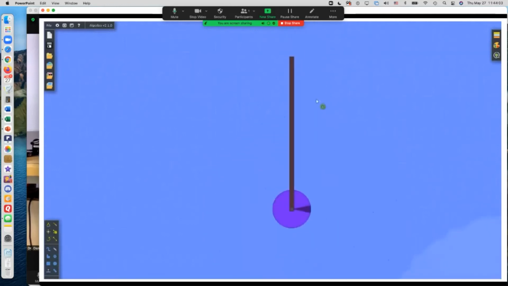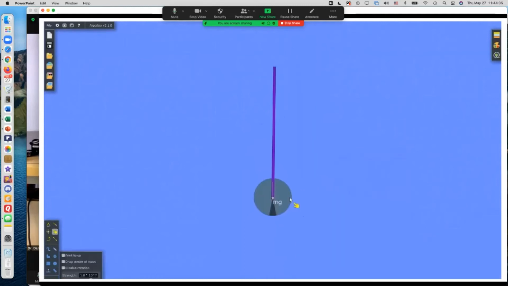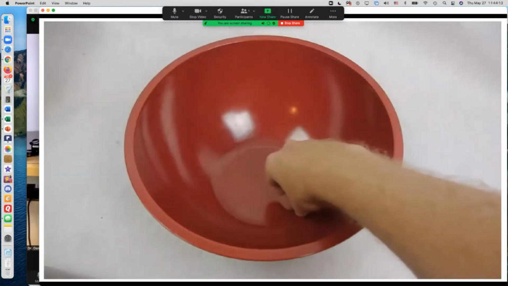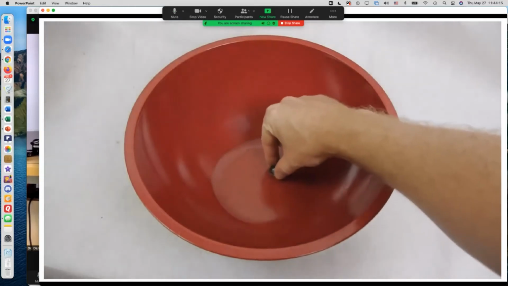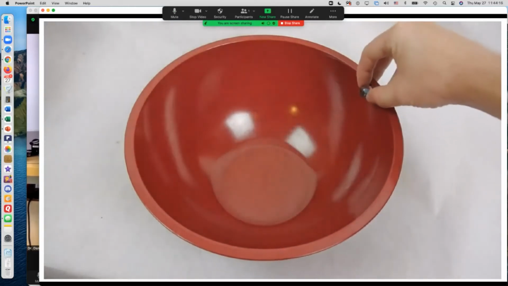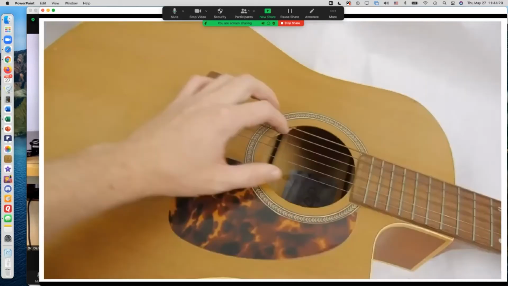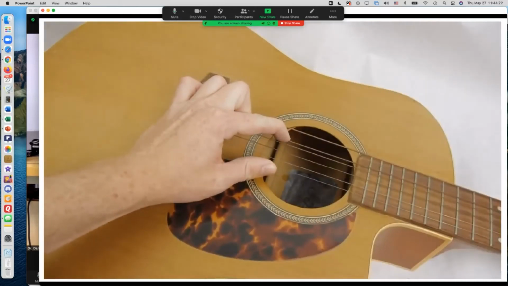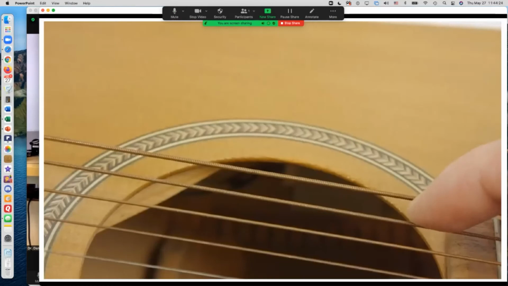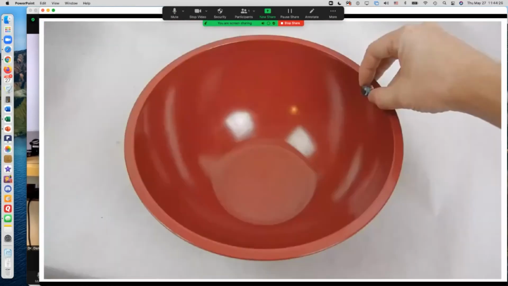All three are examples of oscillators. An oscillator is just a system that when you displace it from its equilibrium position, it experiences a restoring force. I move this marble from the center of the bowl, it experiences a force, gravity, pulling it back toward the equilibrium position. I pull on the guitar string, the tension in the string increases, trying to pull it back to the center. When the displacing force is released, the system oscillates about the equilibrium point.